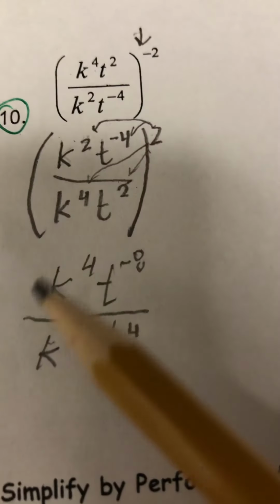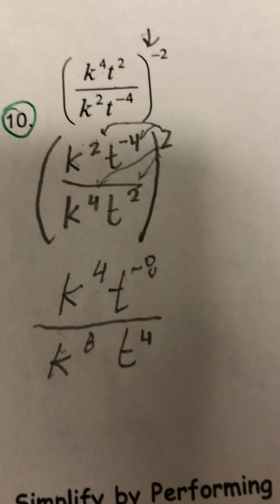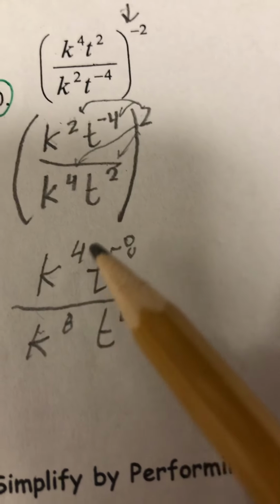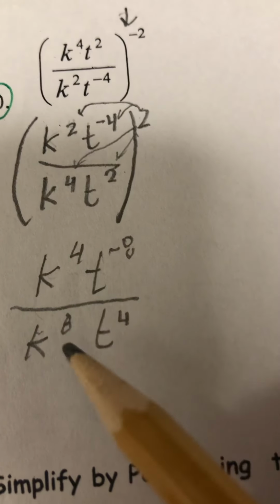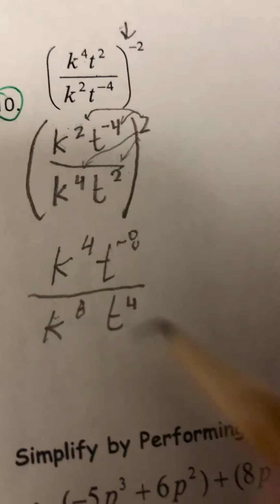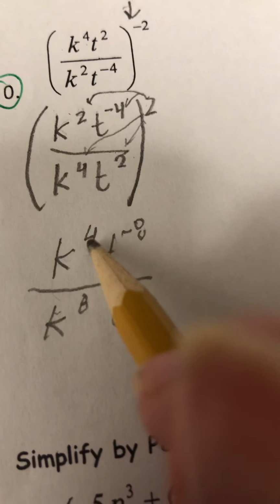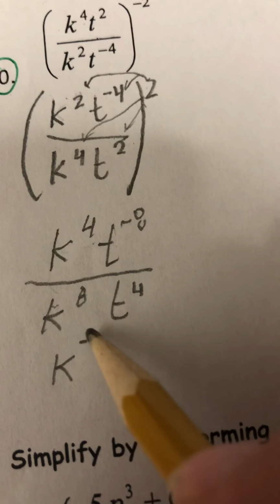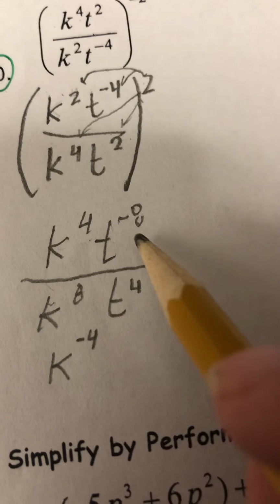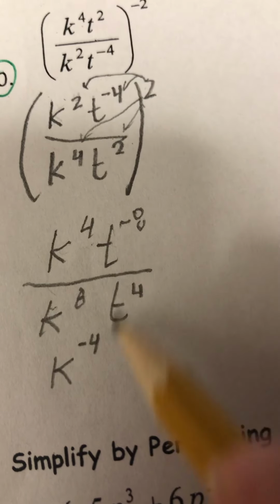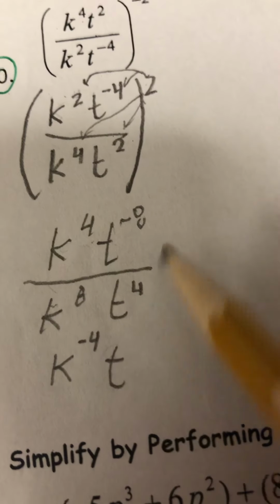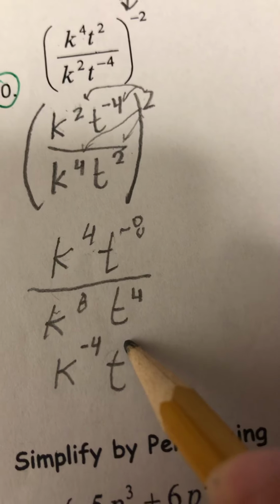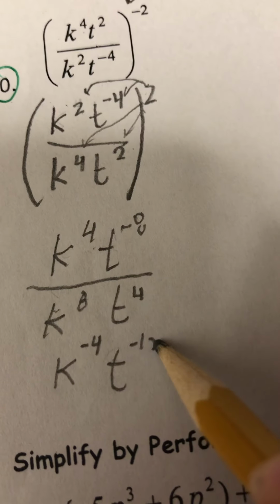Now, we have two like bases being divided. So when like bases are being divided, you take the top number and you subtract the bottom number. So in this case, 4 minus 8 is k to the -4. And here we have the t, which is negative 8 minus 4. So negative 8 minus 4 is negative 12.